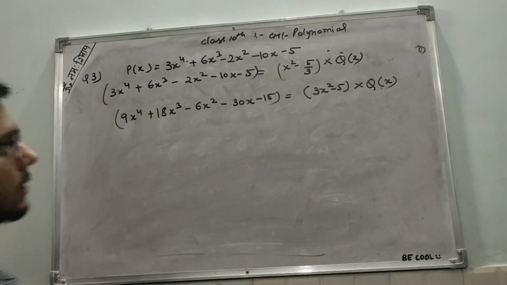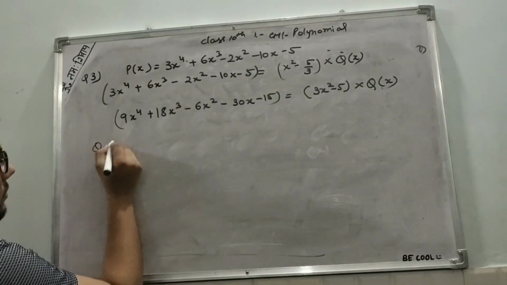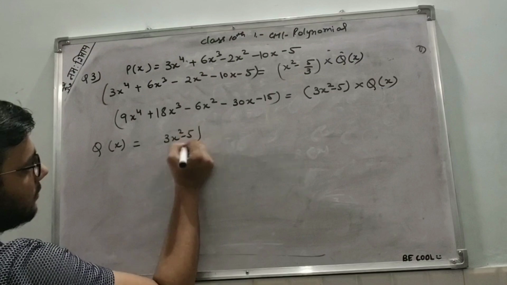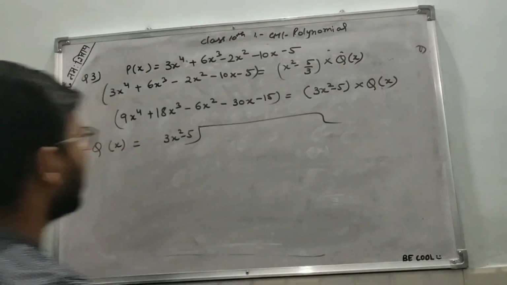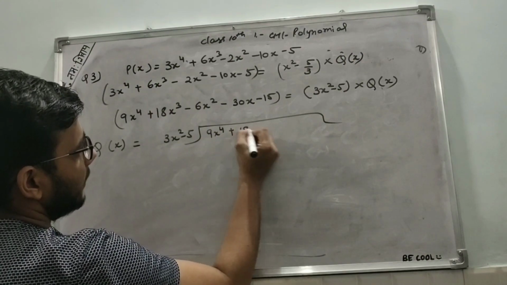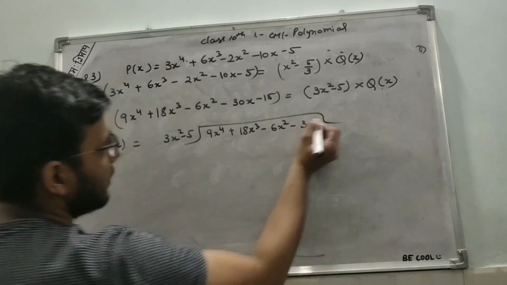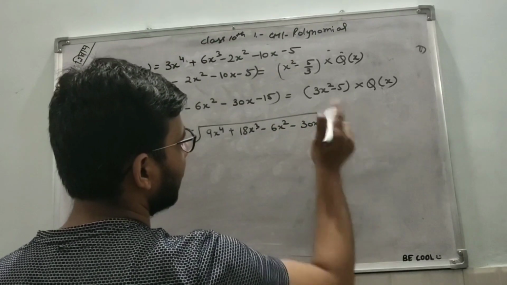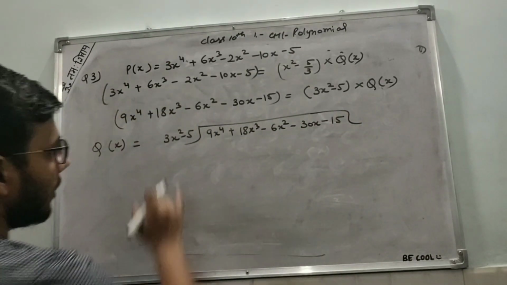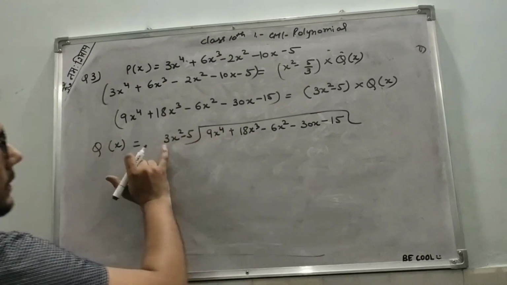Now we have to find q(x). So we divide p(x) by this. So q(x) is equal to 9x^4 + 18x^3 - 6x^2 - 30x - 15 divided by 3x^2 - 5. Now, 3x^2 here and 9x^4 there, so we have to multiply by 3x^2.